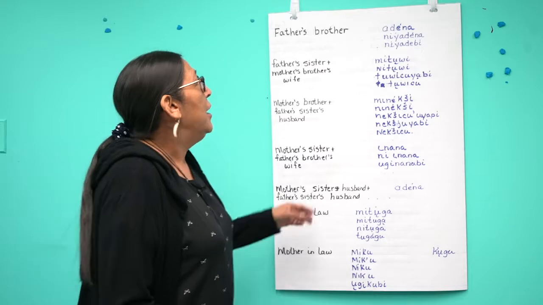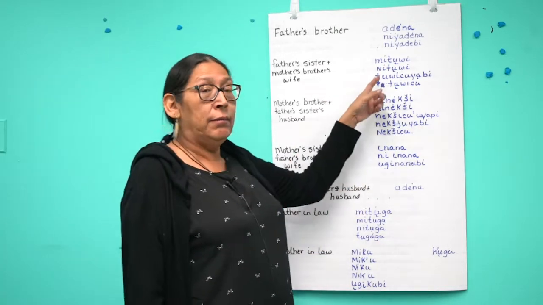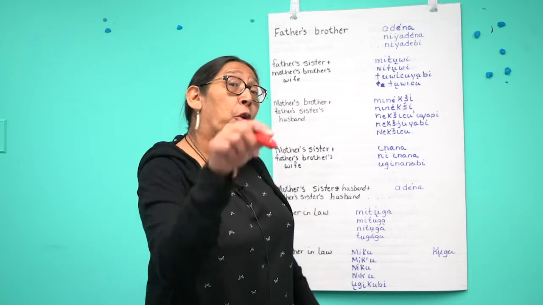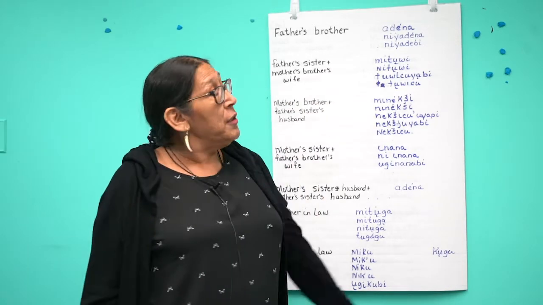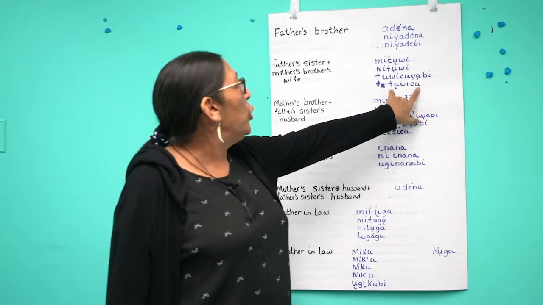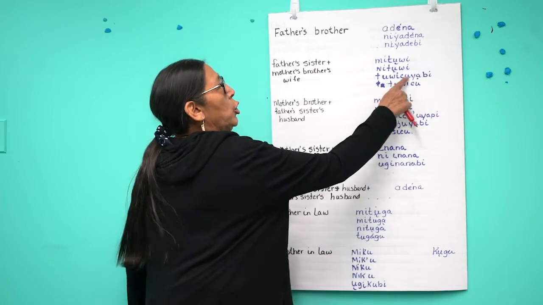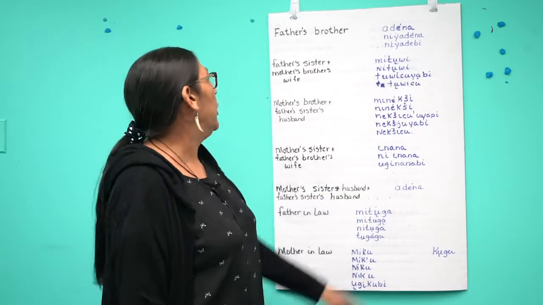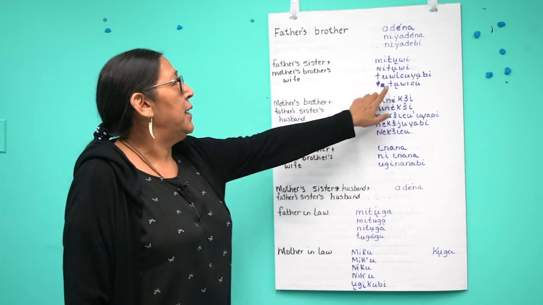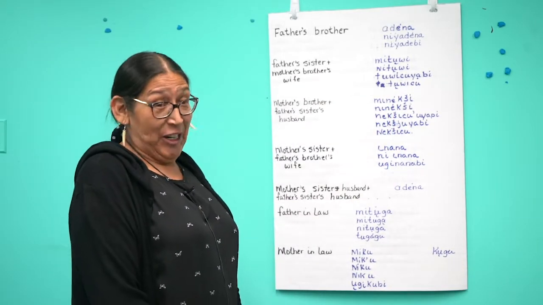She is your mitui. Or she is my mitui, she is your nitui, or she is our tuwinchu. Tuwinchu yabi or tuwinchu. That's a nasalized N. I hope I explained that good enough.